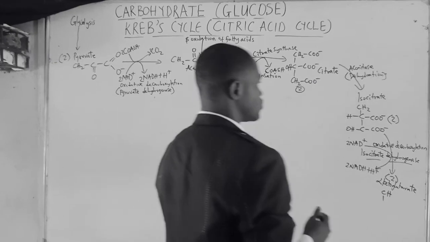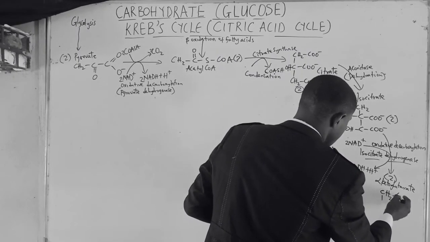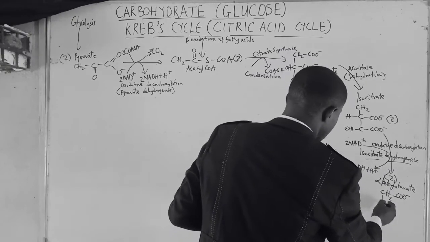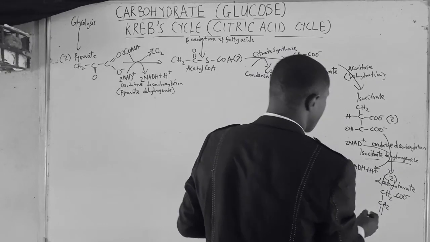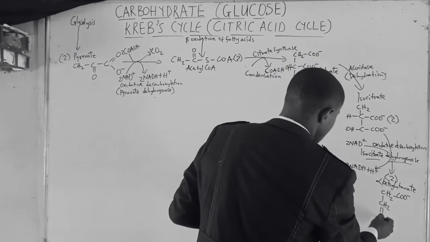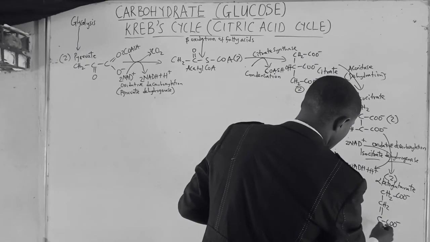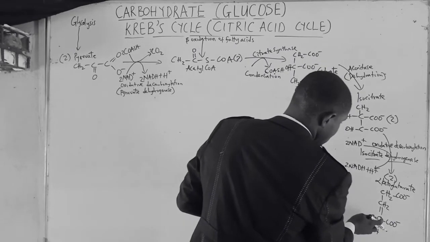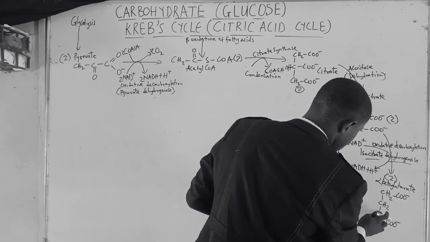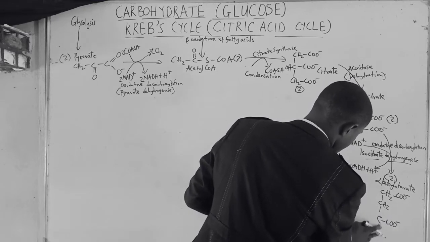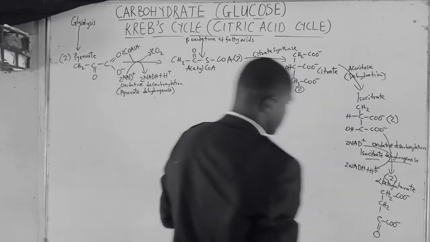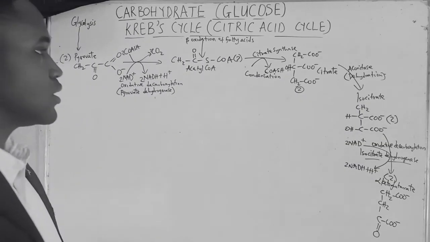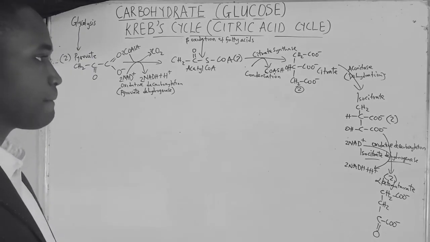We now say CH2, then we say C, this is carbon, this is alpha ketoglutarate. That is the structure of it.